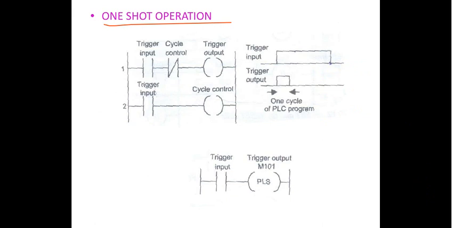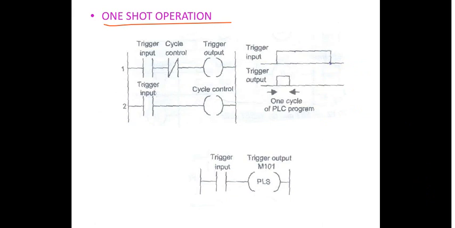Fixed duration of pulse means what? Once it is started, you need not initiate a turn off signal; after some time, maybe what you call one cycle of the PLC program, it stops.